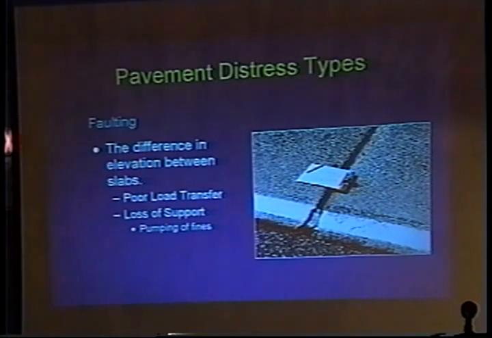And if you don't have some sort of a load transfer device, heavy dowel bars, something like that across that, the only thing that's holding it together is the aggregate interlock. And if the joint opens up, you get more space in there, you get even less aggregate interlock. So poor load transfer would be the reason for that. Loss of support, pumping of the fines like I talked about, would also be a cause of that.